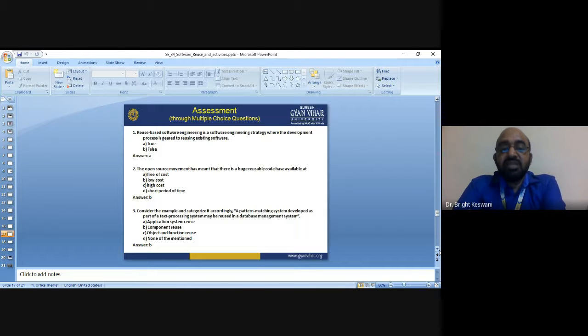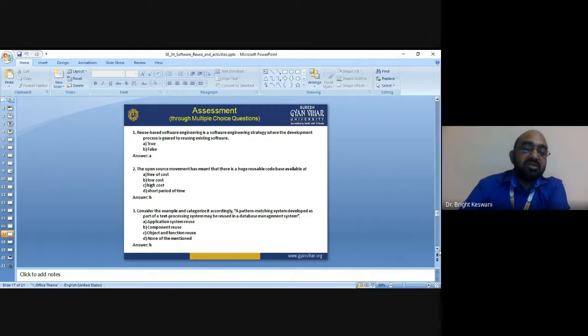B. Consider the example and categorize it accordingly. A sentence is given here. A pattern matching system developed as part of the text processing system may be reused in a database management system. The four options are application system reuse, component reuse, object and functional reuse, and none of the above.